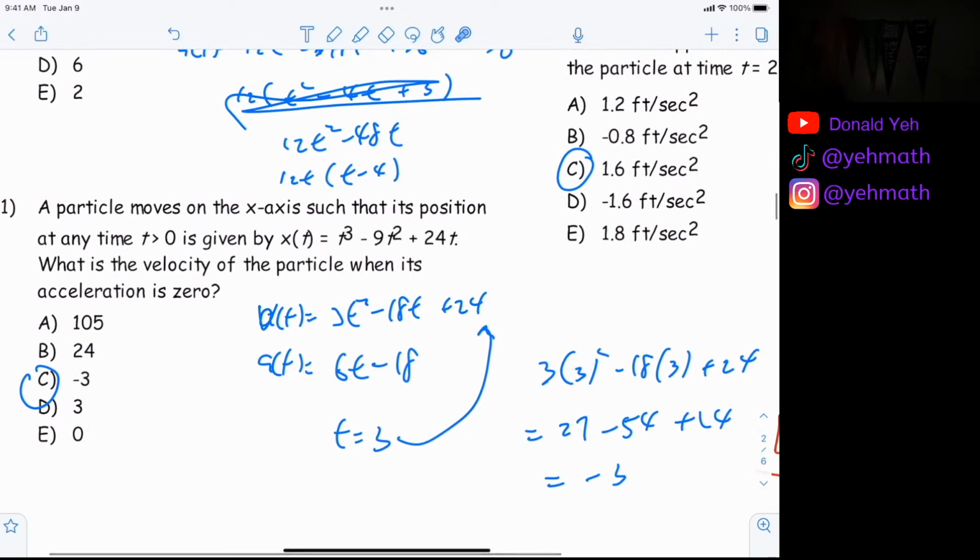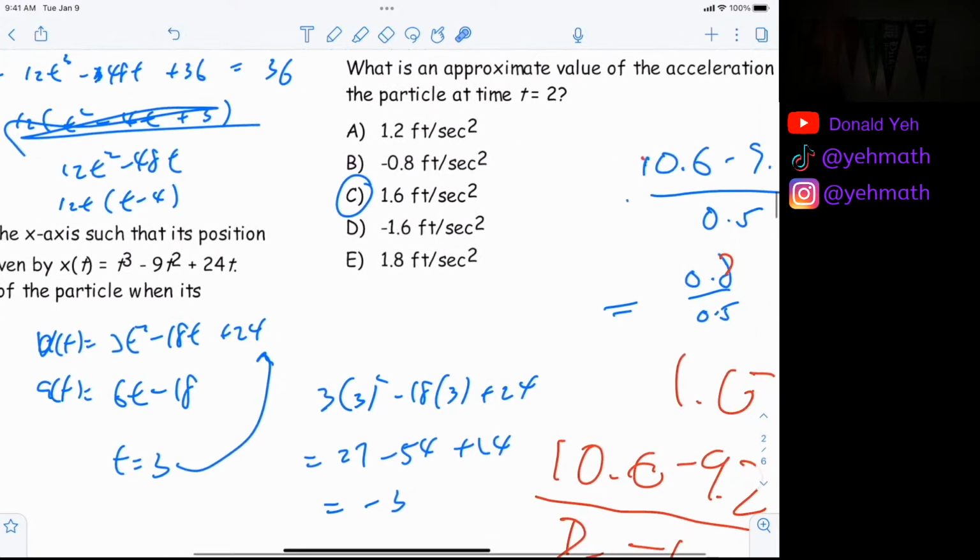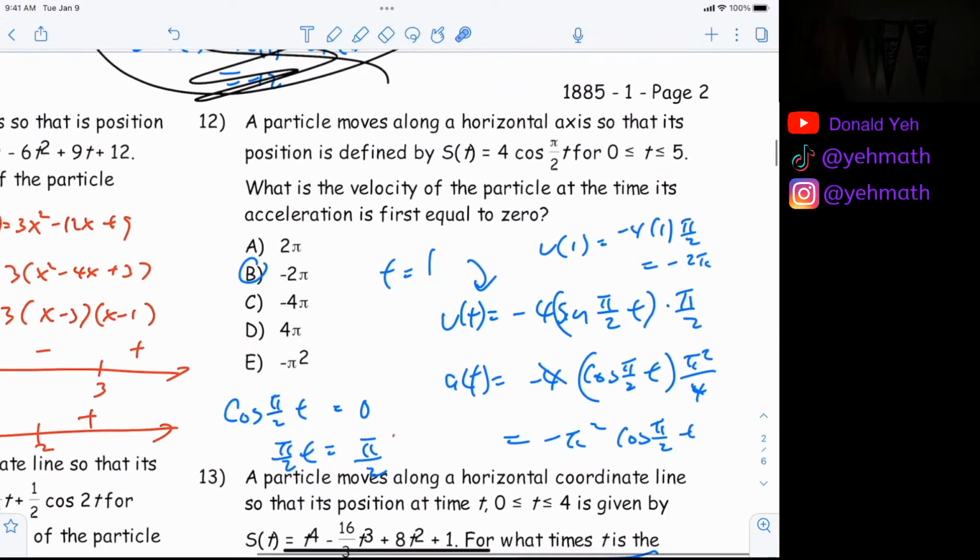So not only did you get a 3, you had to plug it back in. Here is negative 2 pi. Now this question's kind of hard. It requires some algebra skills. If you take a second derivative, it should end up to be negative 4 cosine pi over 2t times pi squared over 4. If you set it equal to 0, it only matters what's inside the parenthesis because all the rest is going to cancel out with the 0.